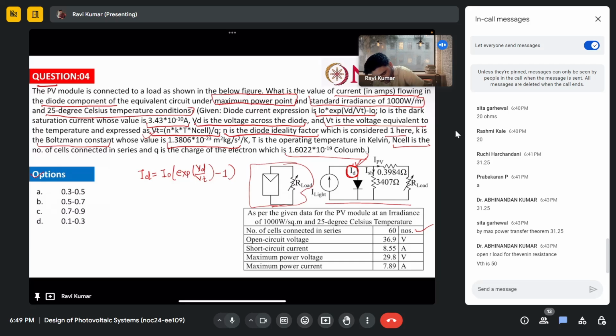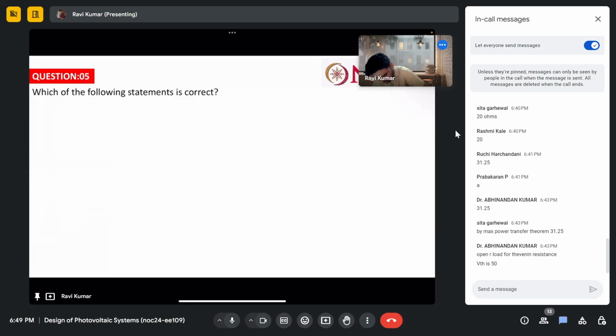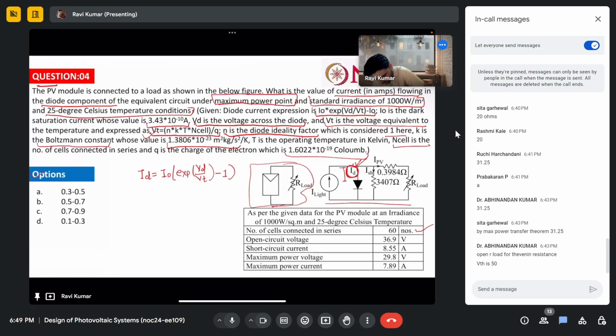First calculate this VD. What is the value of this VD? The voltage across the diode. How can you calculate this VD?